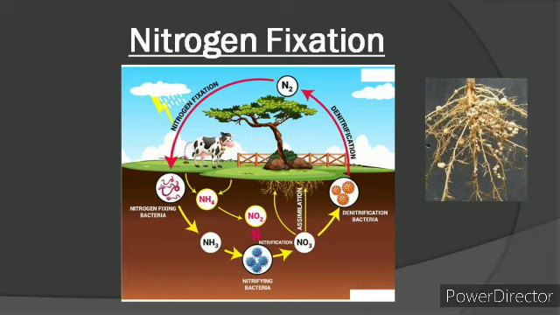They again go inside the soil, and when denitrifying bacteria are there, they denitrify the nitrogen and again put it into the atmosphere. So this is how nitrogen fixation happens inside the nitrogen cycle, and it helps nitrogen to get inside the soil and makes the soil very nutritious.